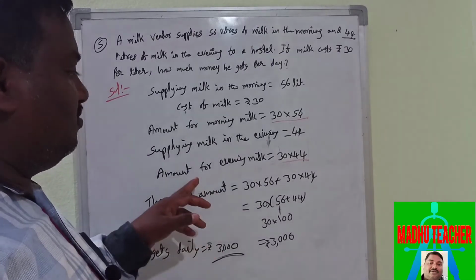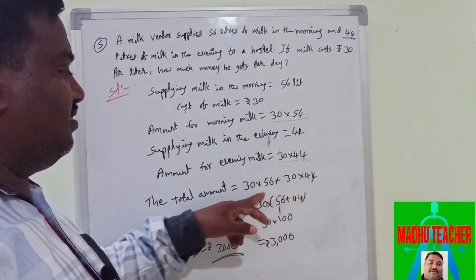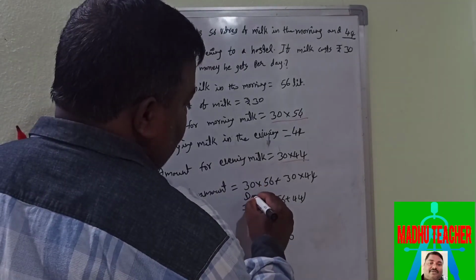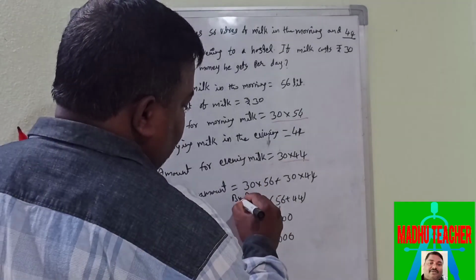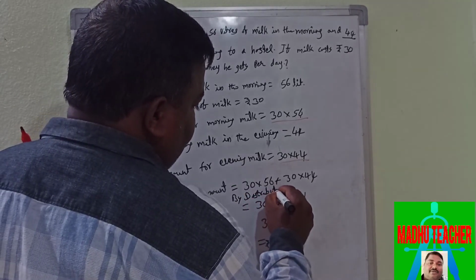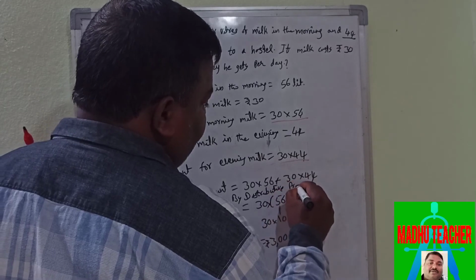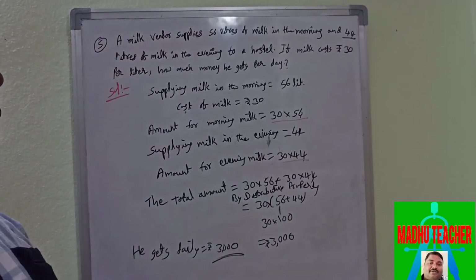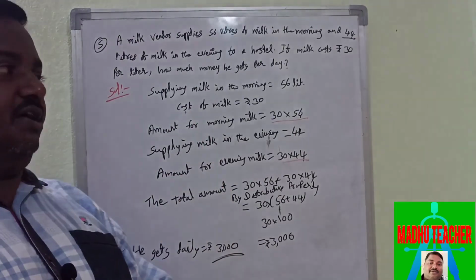So we used distributive property here, that's what we have to write. Okay, like this you have to find.